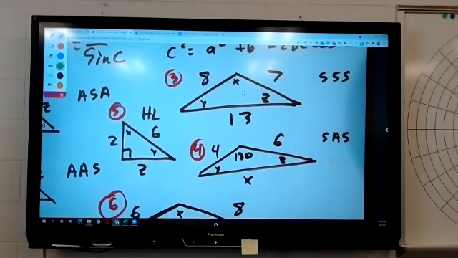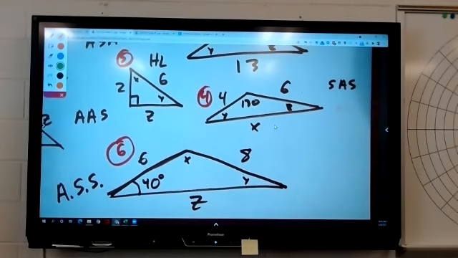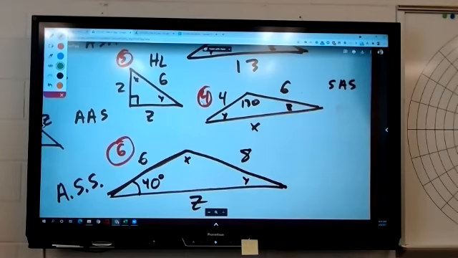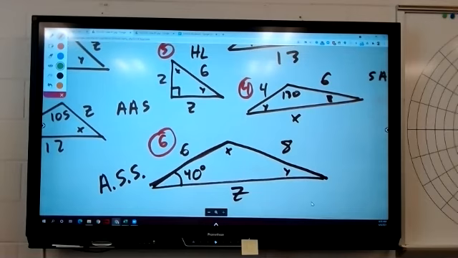Law of cosines, right? Number 4, what do I have to use? I have an angle, but I still have to use law of cosines because I don't have any pairs, do I? And then number 6, what would you do for number 6? Probably law of sines again, wouldn't you?